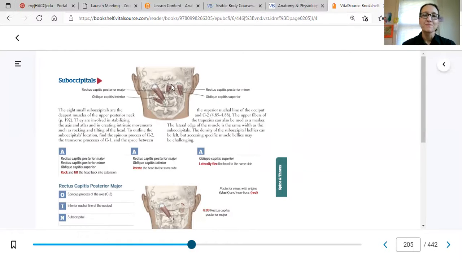So the rectus capitis posterior minor actually attaches to the dura mater, which is the outer layer of the meninges of the spinal cord, which means that this little guy can actually pull directly on the spinal cord if it is tight. So this can cause some pretty significant headaches on occasion.